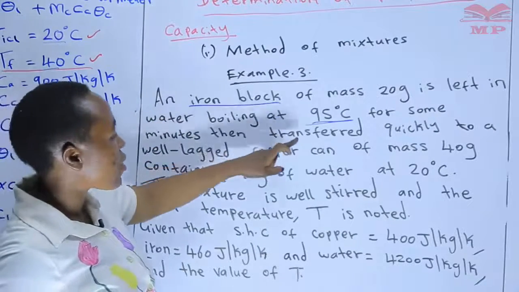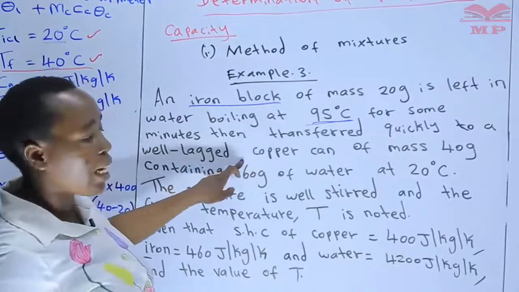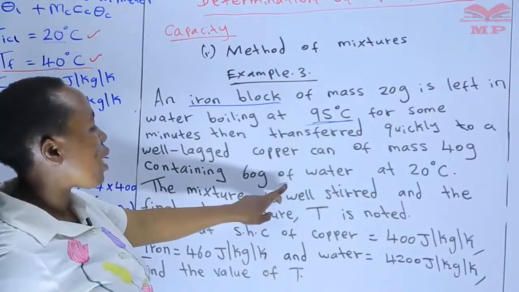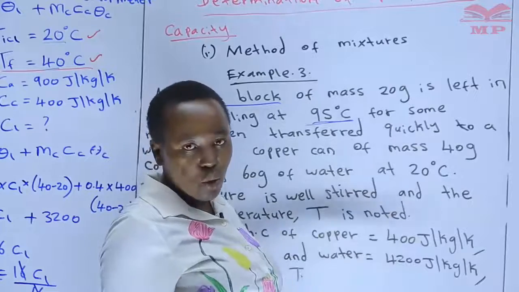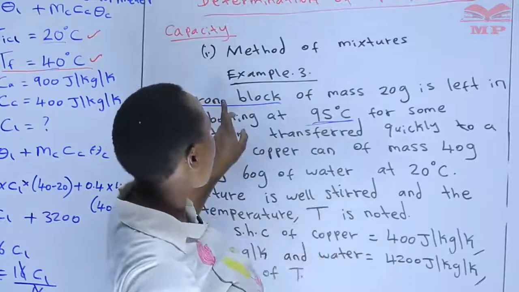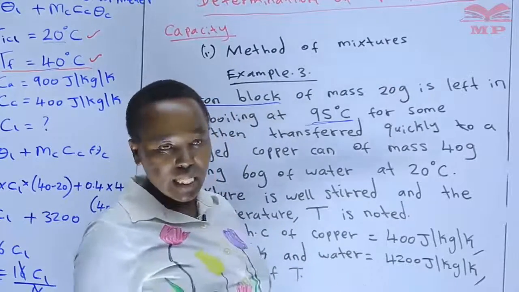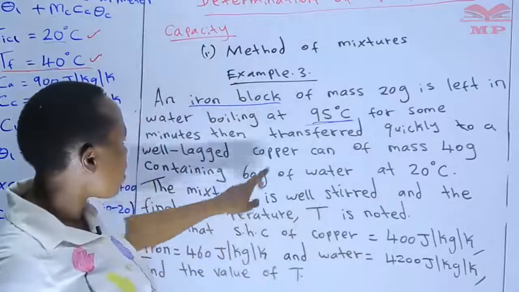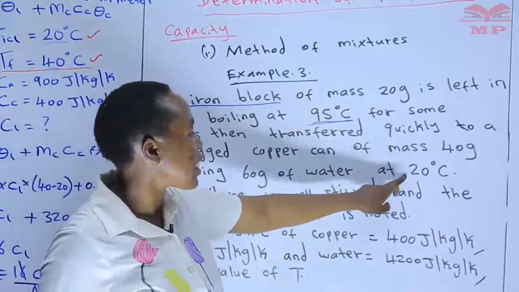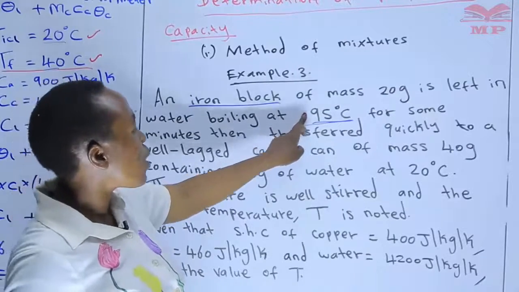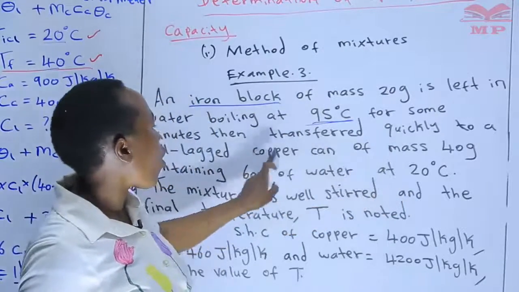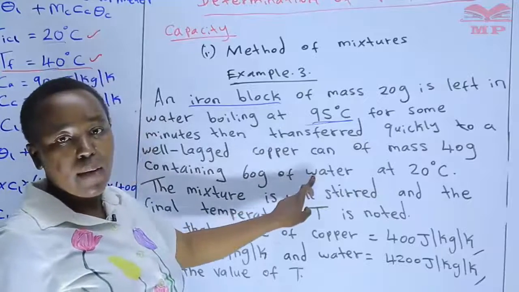Then it is transferred now into a copper can, which contains water, and it is at 20 degrees Celsius. So that tells you automatically that the iron block will lose heat, because you can see that this is at 20 degrees Celsius, this is at 95 degrees Celsius. So they lose heat to the copper can and the water.